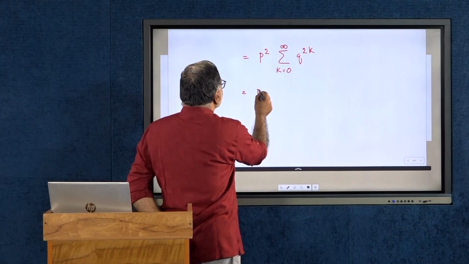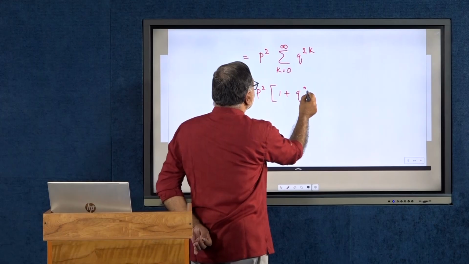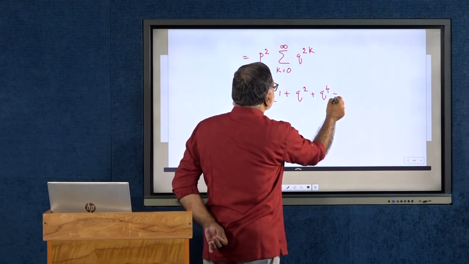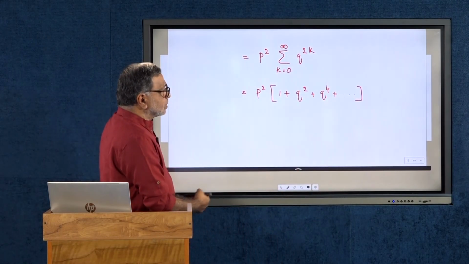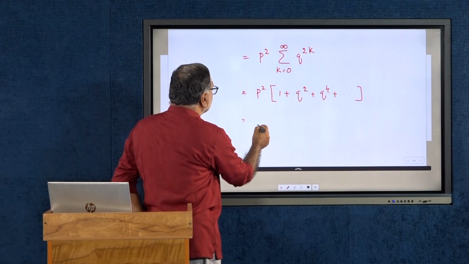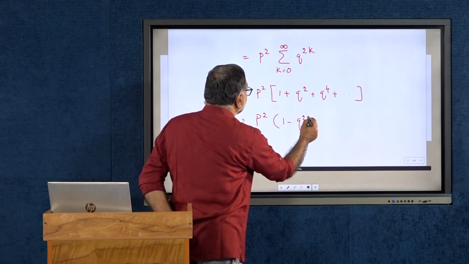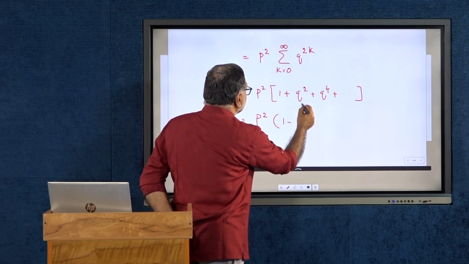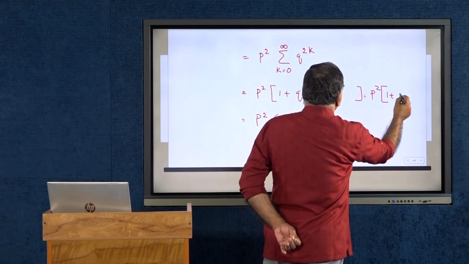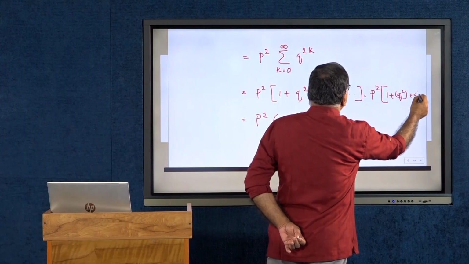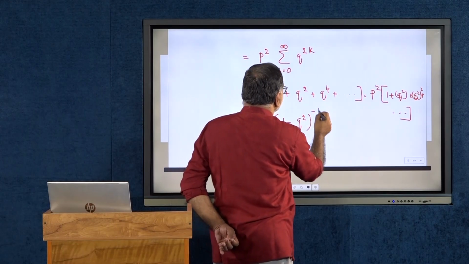And expanding this, it is equal to p square into 1 plus q square plus q power 4 plus q power 6 plus etc. And this is a geometric series, so the sum is 1 minus q square, power minus 1.